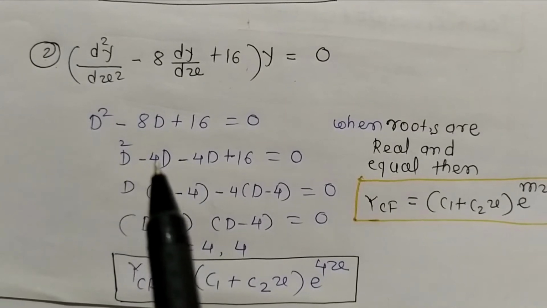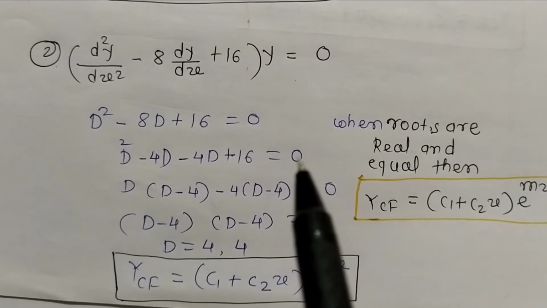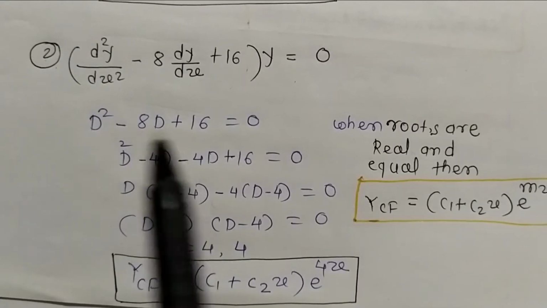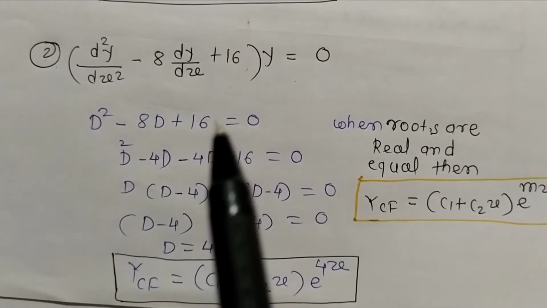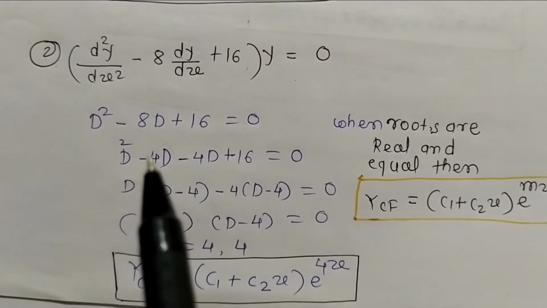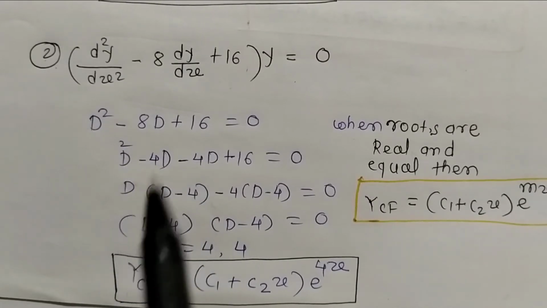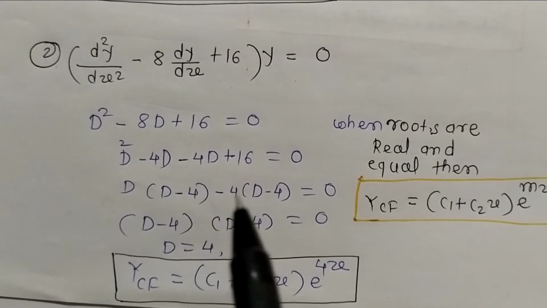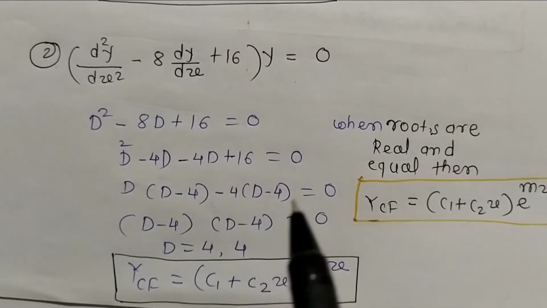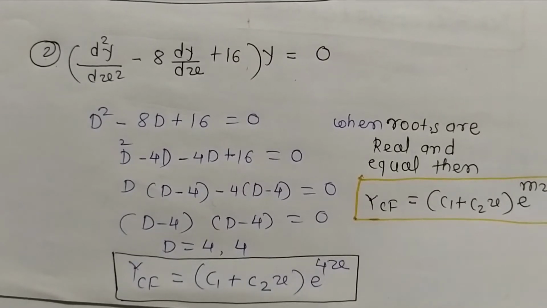Minus 4 and minus 4 is minus 8 and minus 4 into minus 4 is 16. So D² minus 4D minus 4D plus 16 is equal to 0. Taking D common from the first two, we get D(D minus 4), and taking minus 4 common, minus 4(D minus 4), is equal to 0. So (D minus 4)(D minus 4) is equal to 0. D is equal to 4, 4.